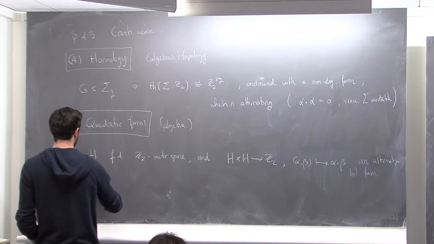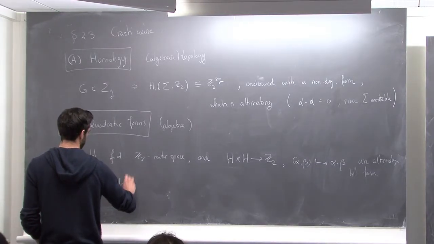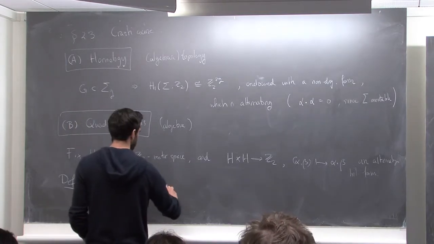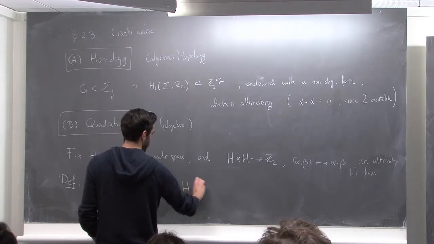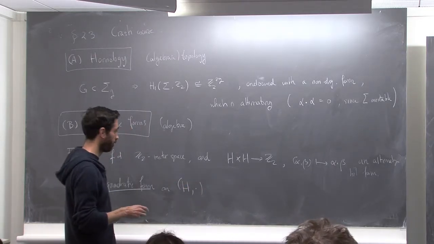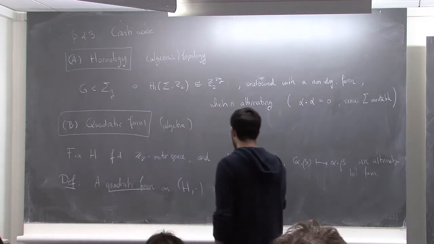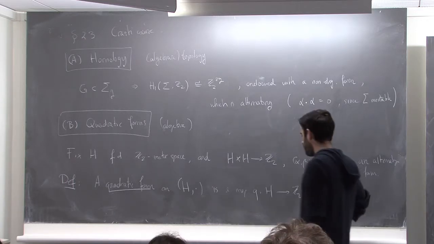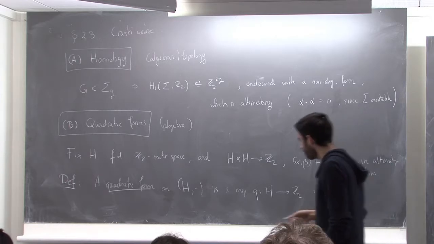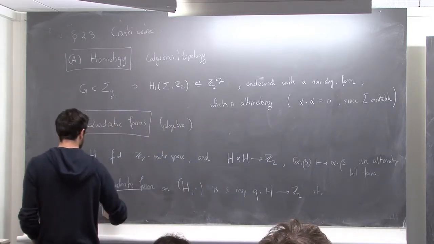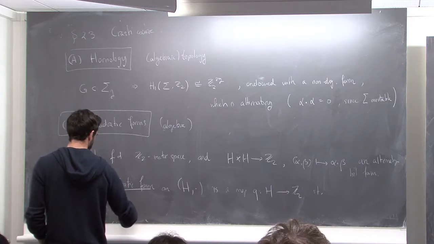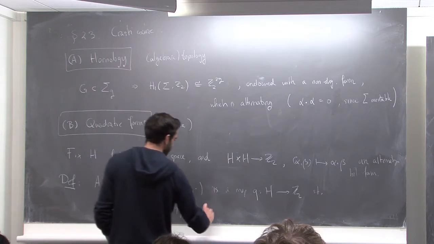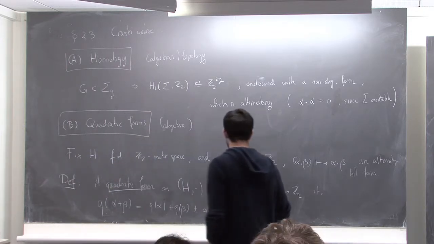A quadratic form on H endowed with this bilinear form is a map from H to Z2 such that, again, it is not linear, but the defect of linearity is measured exactly by this bilinear form that we had fixed.